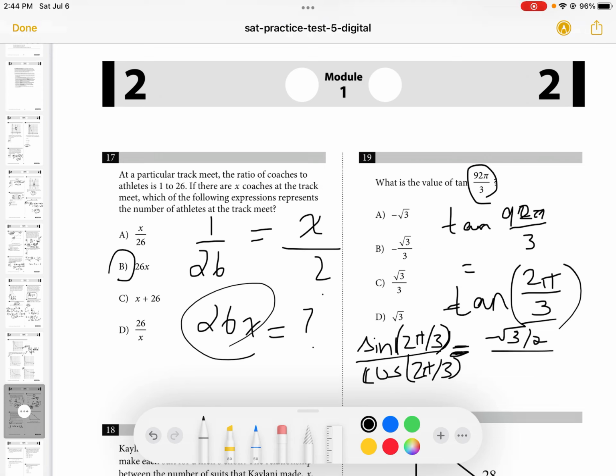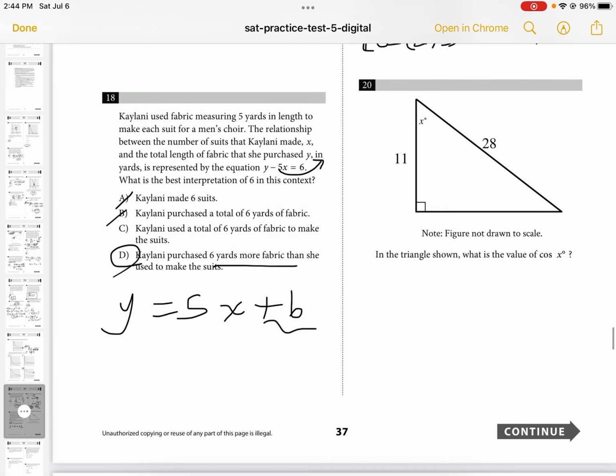The cosine of 2 pi over 3 is equal to negative a half. So our final answer is negative root 3. And we move on to the next question.